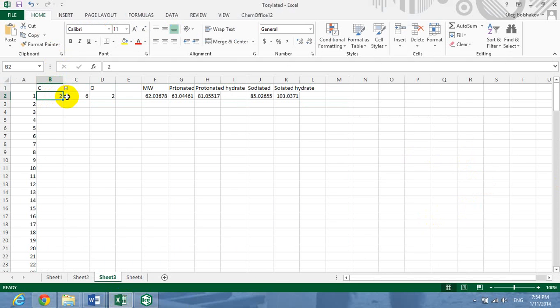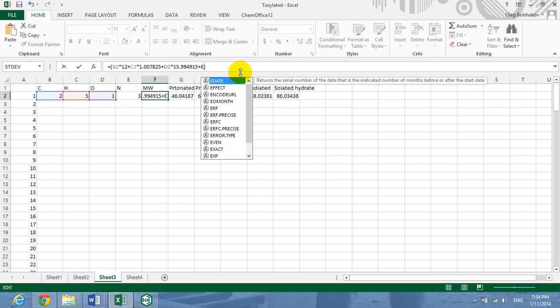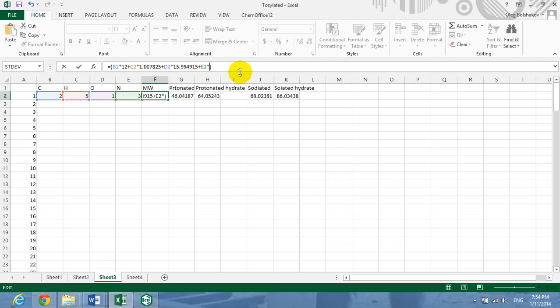It is C2H5O1 and N3. We have to make the adjustments for the calculation of the atomic weight, of the molecular weight, and this is what we're going to do. E2 multiplied by the atomic weight of nitrogen.